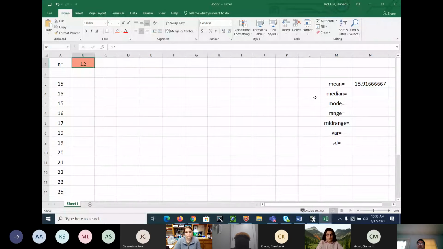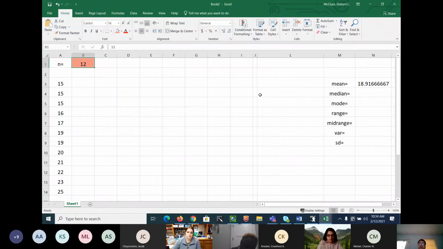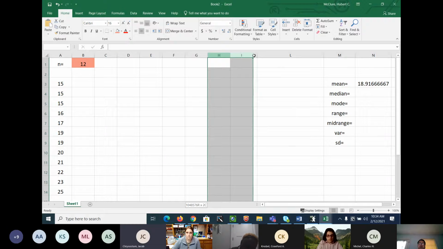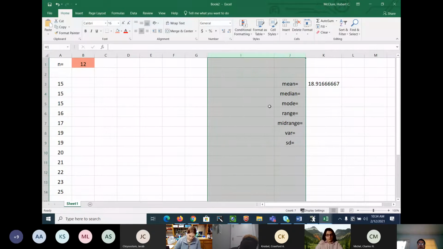What do you do when n is even? You average the 2 middle numbers. Write that down if you didn't write it down before.